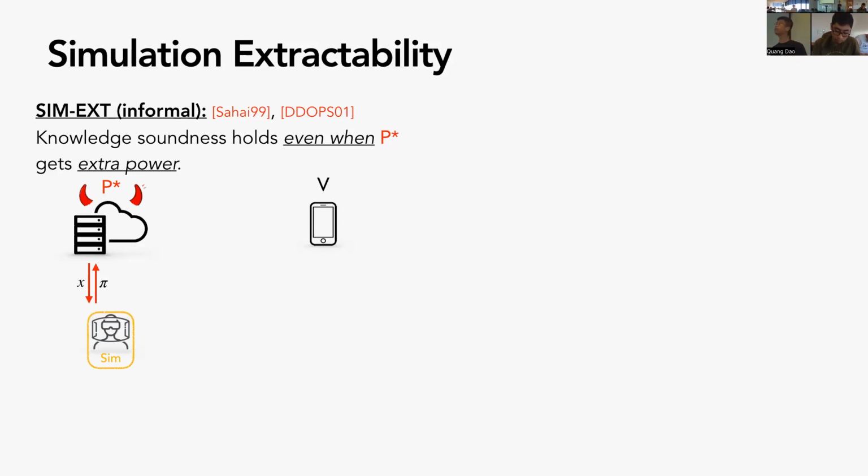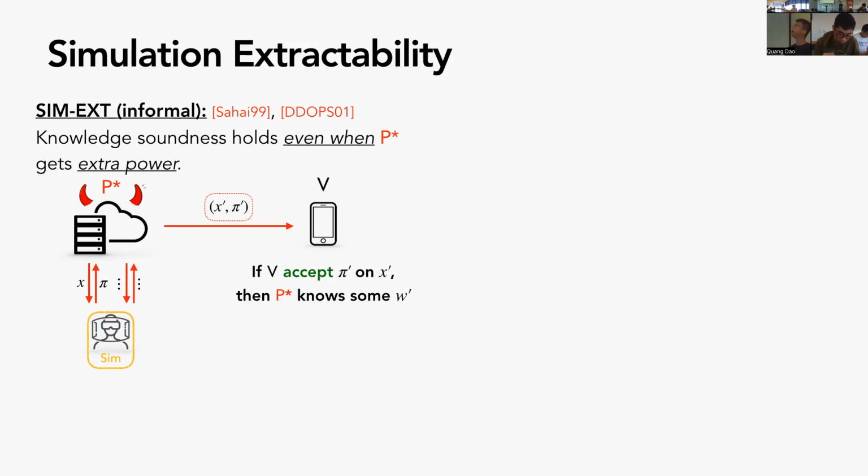So here in this experiment, we have a simulator that can generate simulated proofs, and the malicious prover can query the simulator for whichever statement it wants. And even with this extra power, and even with the power of adaptivity, which means it can choose the statement at the same time as the proof, the knowledge soundness still holds, which means if V accepts, then P must have known a witness.